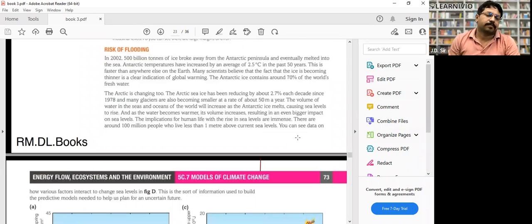Risk of flooding, right? Now the next thing, impact of global warming, risk of flooding.